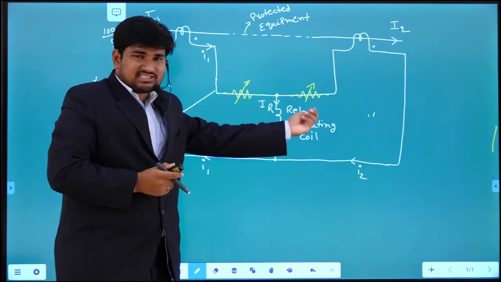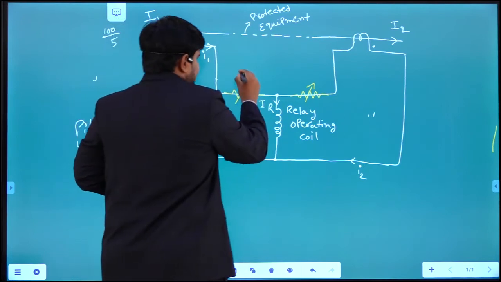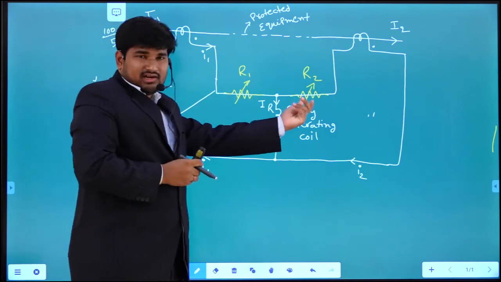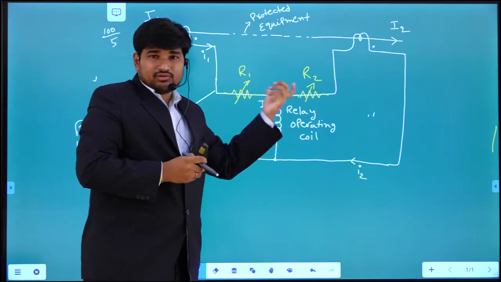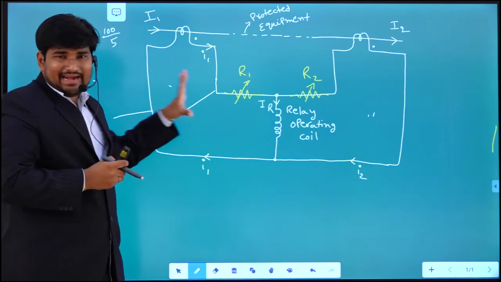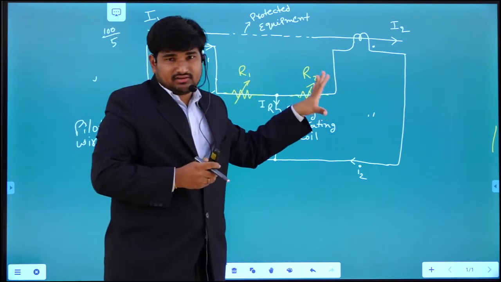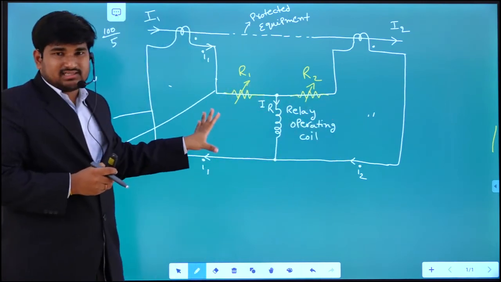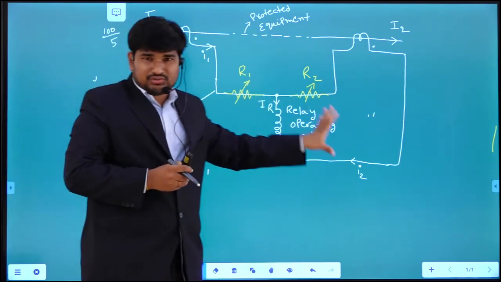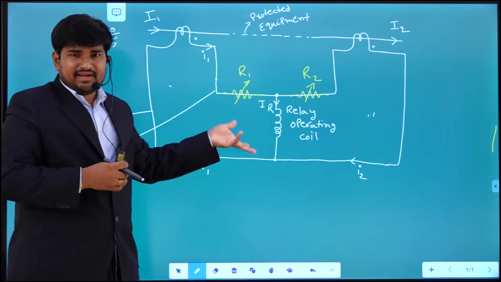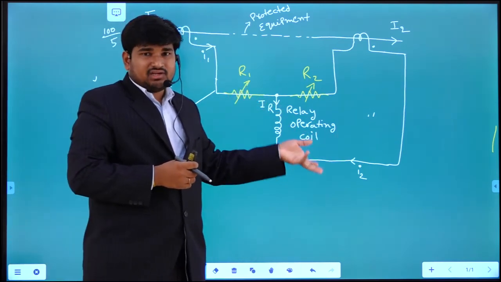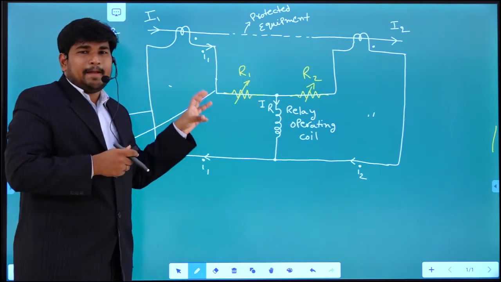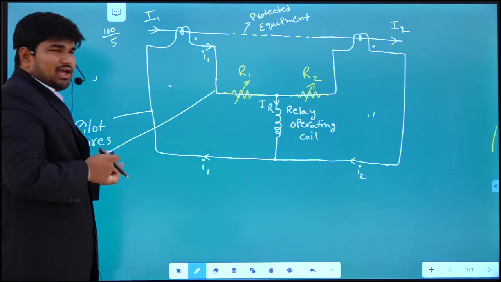By adjusting the resistance of these two adjustable resistors, we will get the two sides balanced. Now we are eliminating circulating currents, right? So this is one method for the difficulty because of pilot wires.